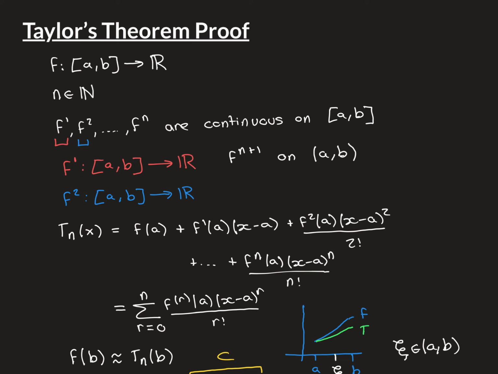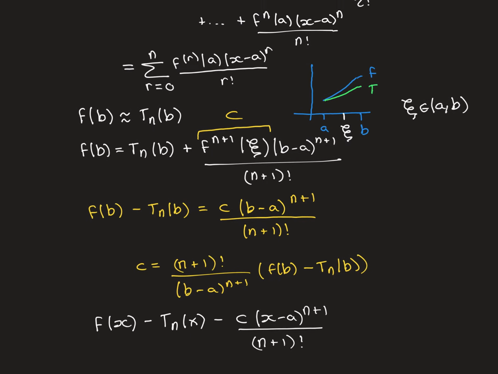Remember, we have that the function f is n times differentiable on the closed interval from a to b, and all of those derivatives are going to be continuous everywhere on the closed interval from a to b. Also, the function f is going to be n plus 1 times differentiable on the open interval from a to b. So the nth derivative itself is differentiable everywhere on the open interval from a to b. Those were the criteria that I needed.